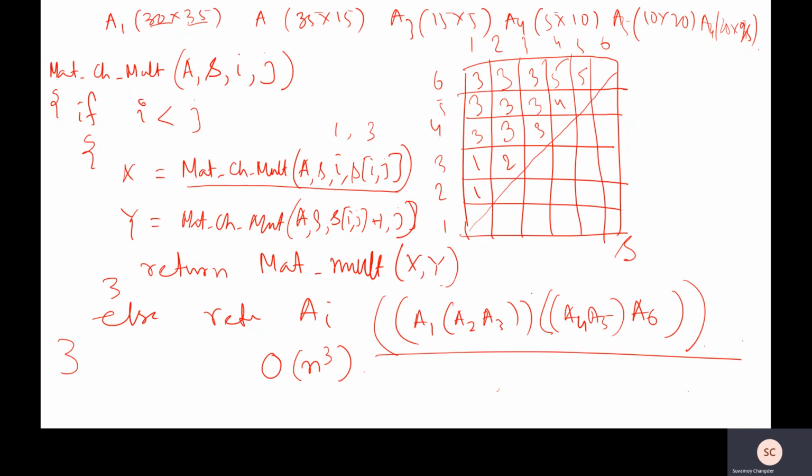And to multiply these matrices x and y, we require n cube. Therefore the time complexity of the whole algorithm is order of n cube, and it is much better than an exponential time algorithm. This is all about matrix chain multiplication using the dynamic programming method.